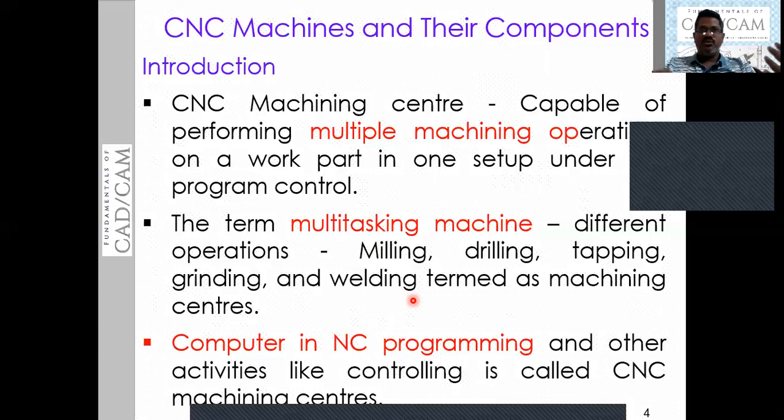That means by using a program, the CNC machining center is going to perform multiple operations on the work part in a single setup, like milling, drilling, tapping, grinding, or maybe sometimes welding.